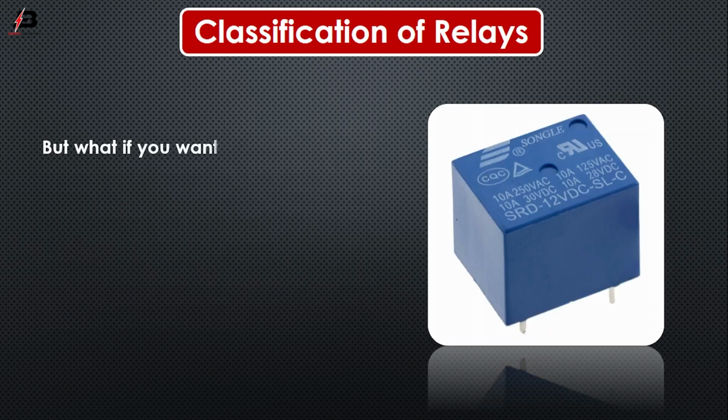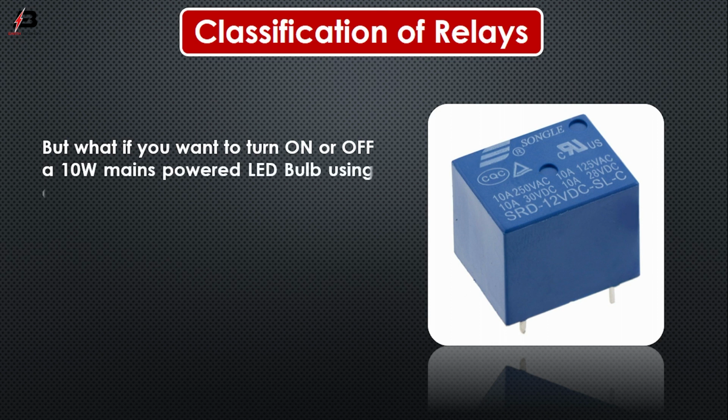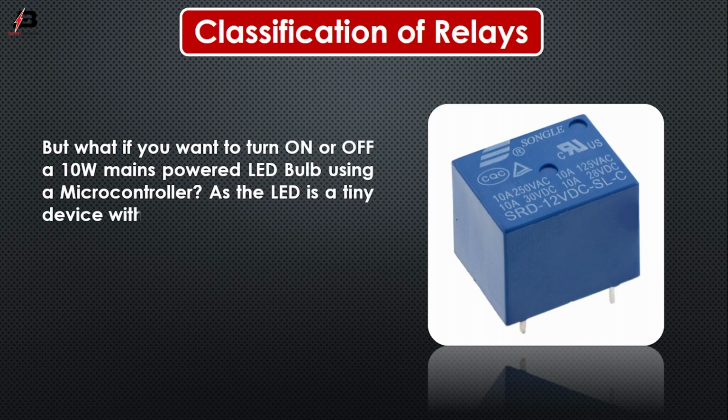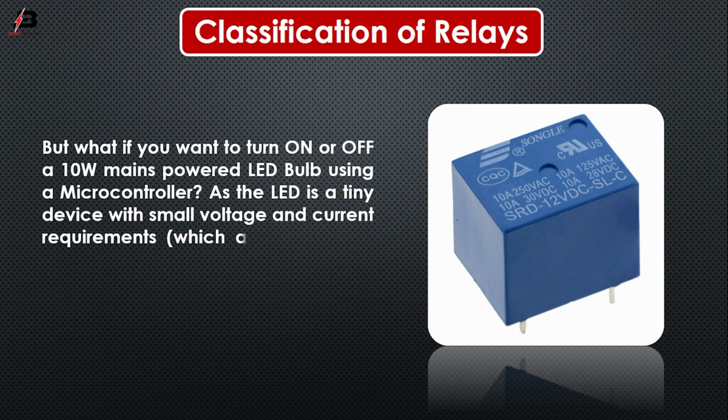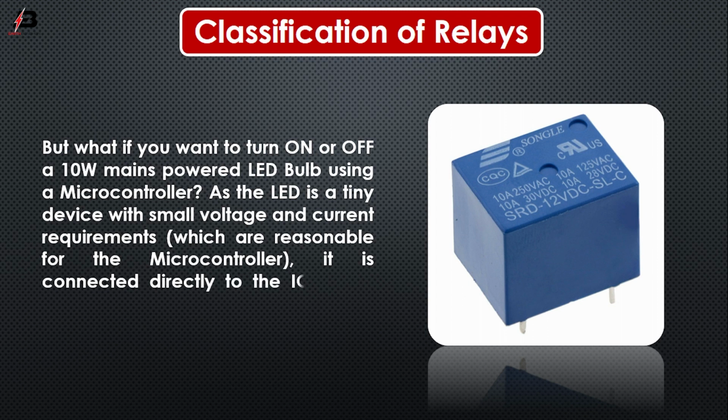But what if you want to turn on or off a 10-watt mains powered LED bulb using a microcontroller? The LED is a tiny device with small voltage and current requirements which are reasonable for the microcontroller. It is connected directly to the I/O pin of the microcontroller.